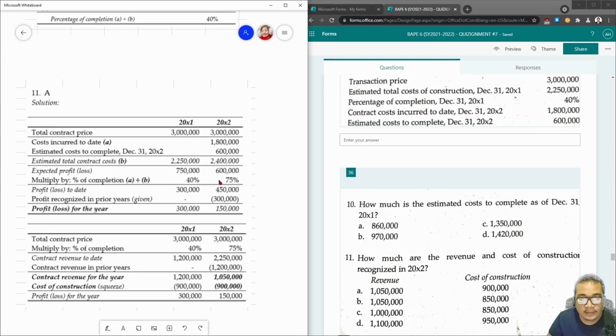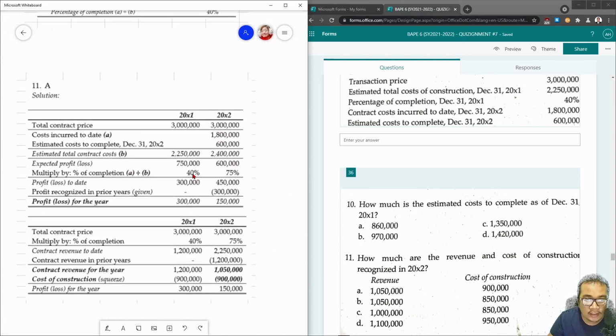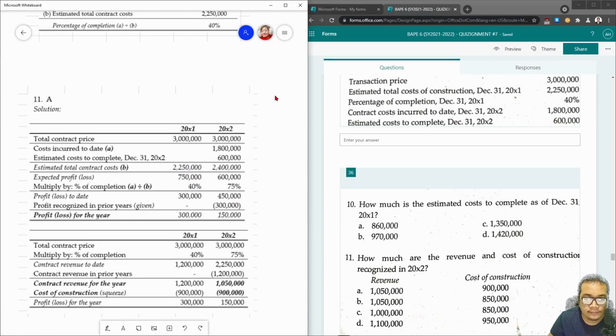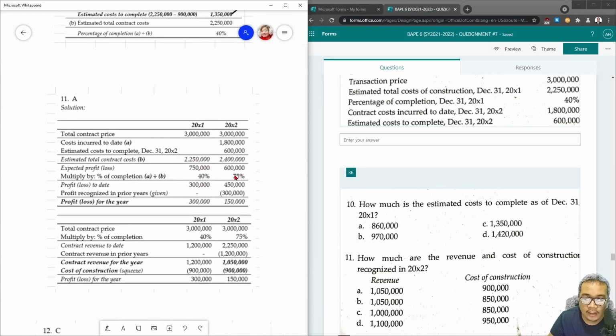Expected profit or loss, 750,600, multiply by the percentage of completion, basic na lang to, 40%, 75%, di ba? Ito, given naman, ito, minultiply nyo, sinolve nyo pa, 600 divided by 600, 1.8 divided by 2,400,000. So, may profit or loss rate kayo, 300, 450.